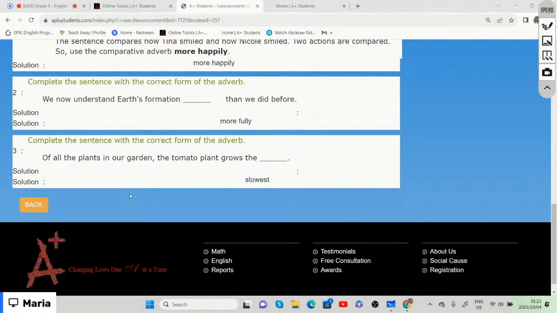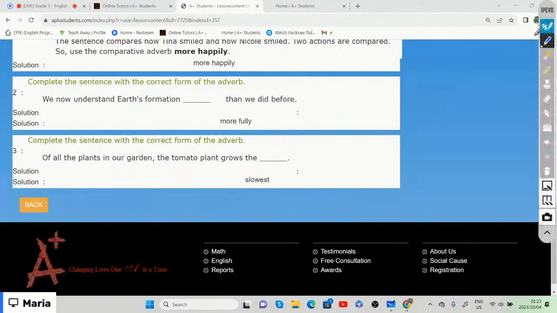So if we compare the tomato plant to all the other plants in the garden, then we will say it is a superlative adverb because it's comparing more than two actions. So of all the plants in our garden, the tomato plant grows the slowest.